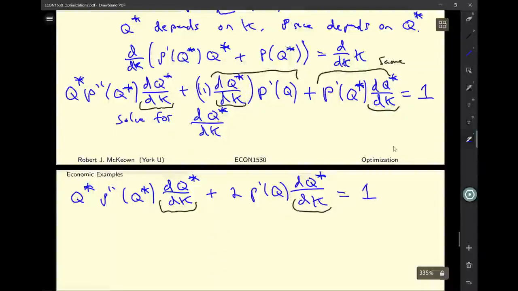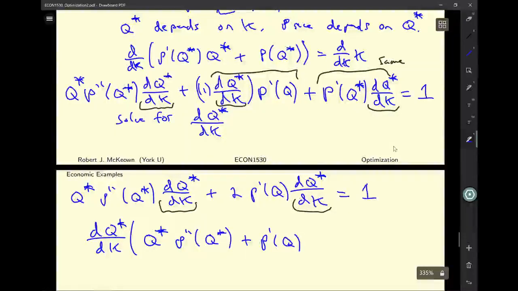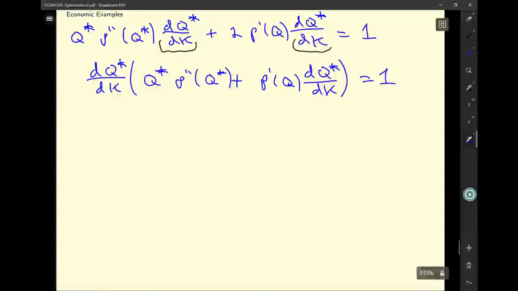So I will simply factor out, maybe I will do it in 2 steps. I'll factor out the change in Q star with respect to K. And I just forgot my 2 right here, so I've got the 2. Now, notice that, I made a mistake here again. I shouldn't have that there. I moved it out of the bracket.